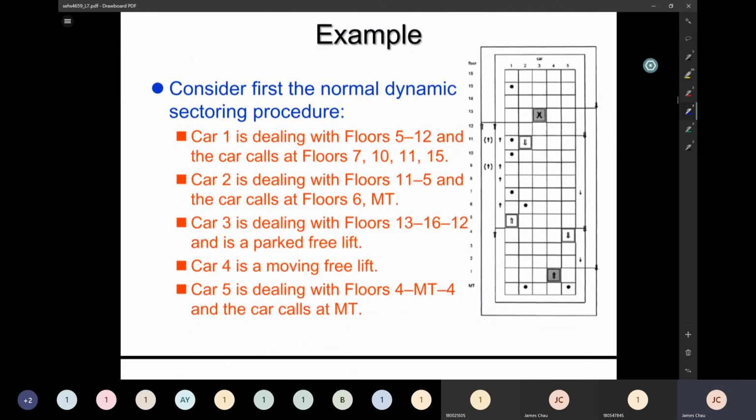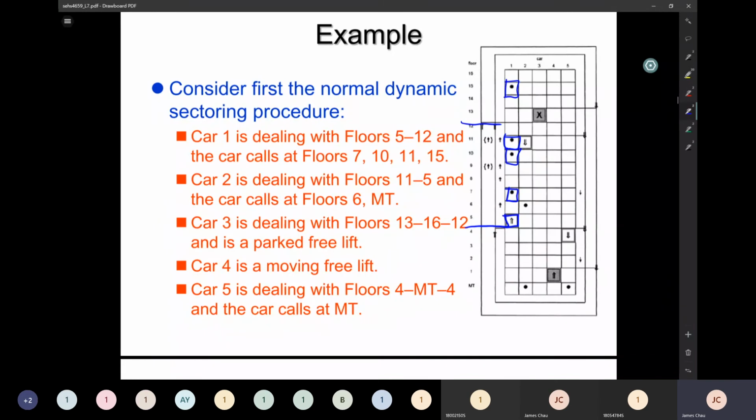Now we consider the normal dynamic sector position. For car number 1 here, it is in floor 4, it is going upward, and it is assigned to the sector from floor 4 to 12. Ahead of this moving, it has the car calls at 7, 10, 11, and 15.